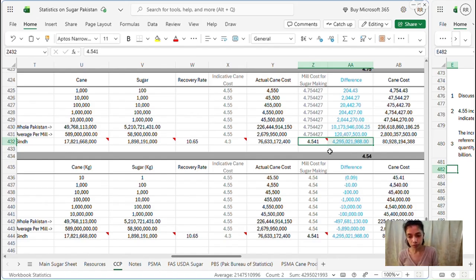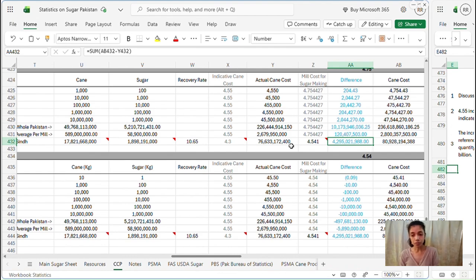So once the sugar is made and it is calculated in reverse, you found out that per kg cane did not cost 4.3 but 4.5 in terms of value. Now these numbers are representing the value.